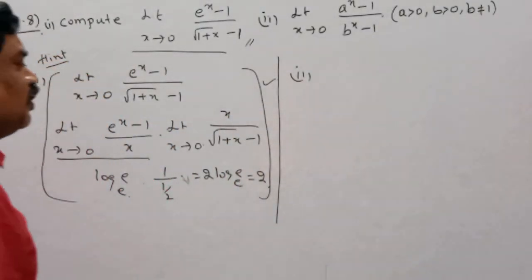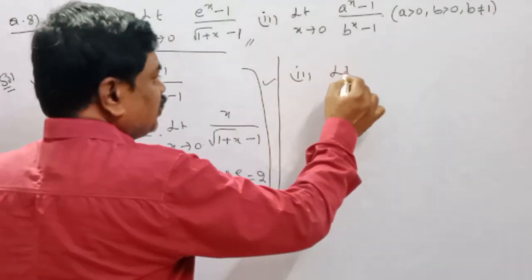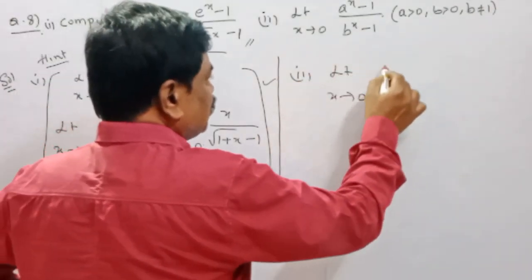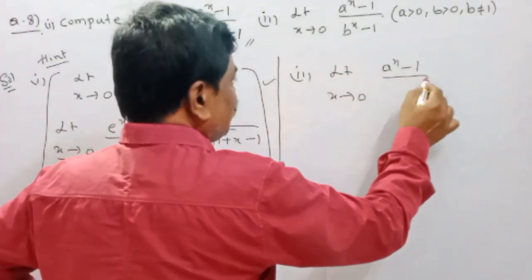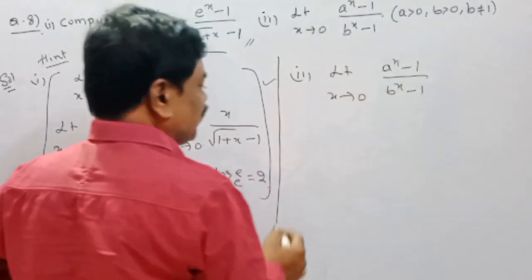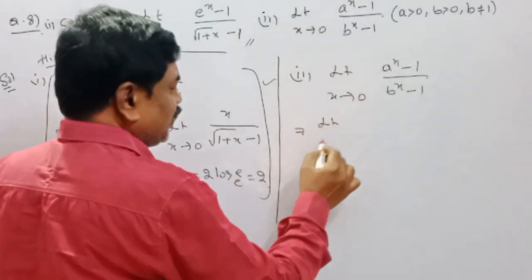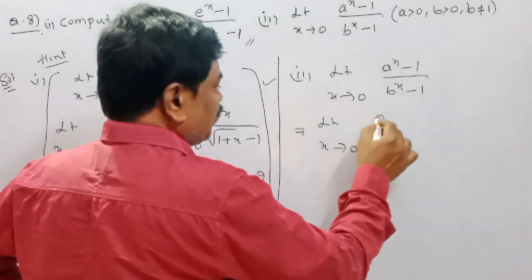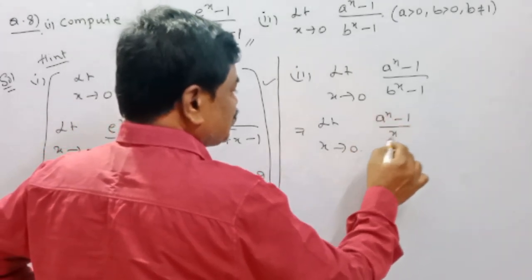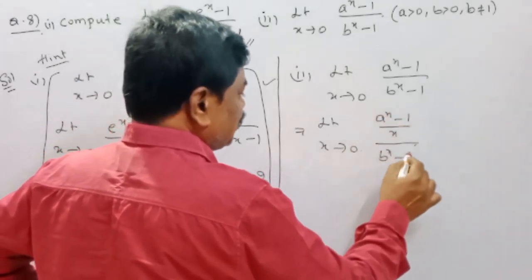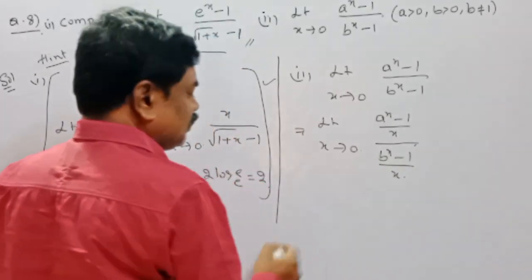Okay. So here, second one, you see limit x tends to 0 a power x minus 1 by b power x minus 1. So limit x tends to 0 a power x minus 1 by x, by b power x minus 1 by x.